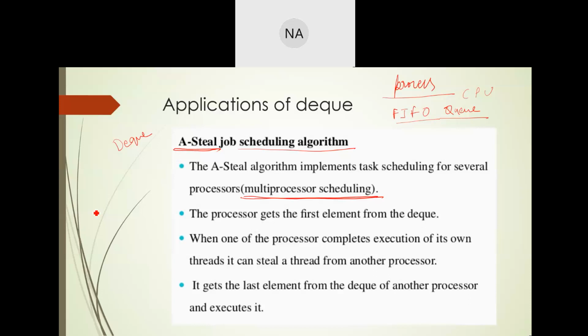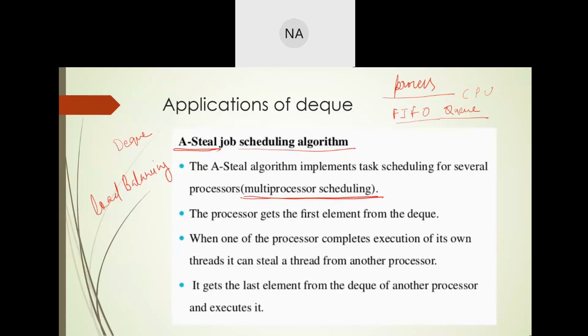Now, what happens in multiprocessor systems? We must perform load balancing. So what is load balancing? That is, the load on all the processors must be the same. It must not happen that one processor is sitting idle and several processors are waiting for the second processor, right?